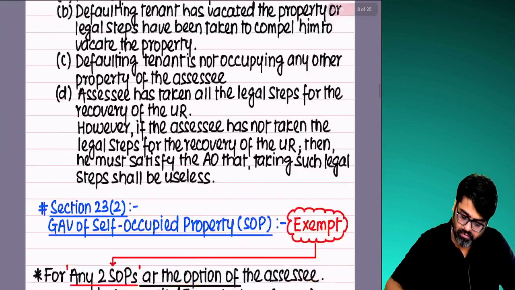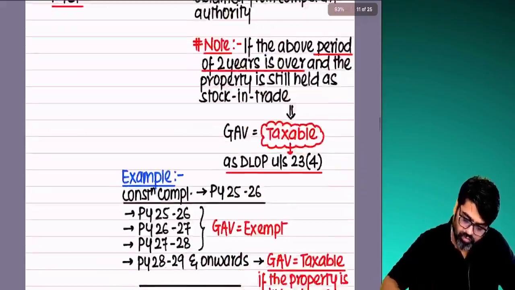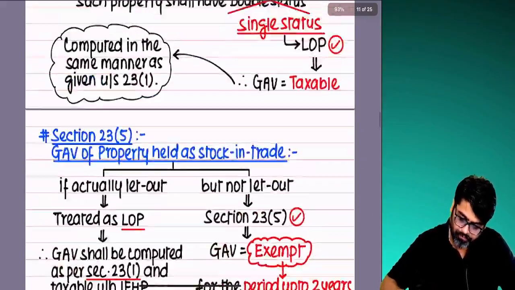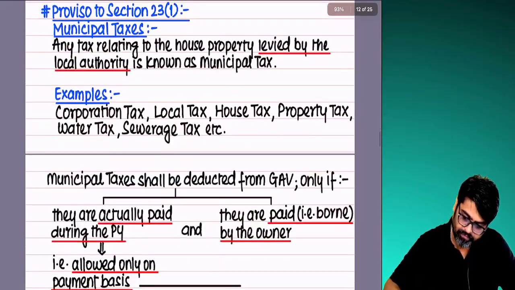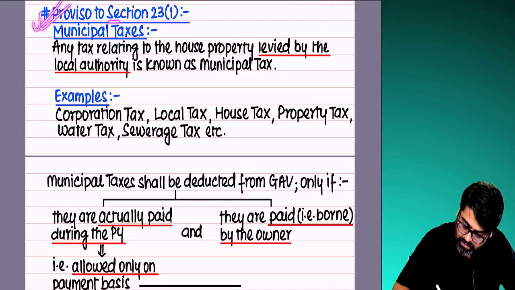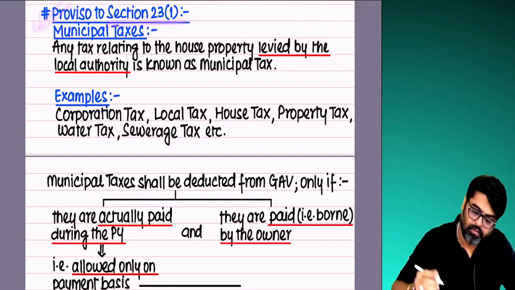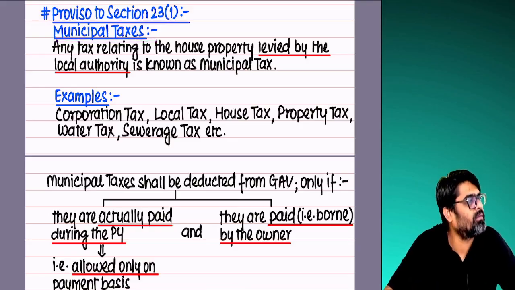Municipal tax. What did I say? Municipal tax. Property held as stock in trade. Can you see the proviso to section 23(1), which says municipal tax. Now tell me, what is municipal tax?